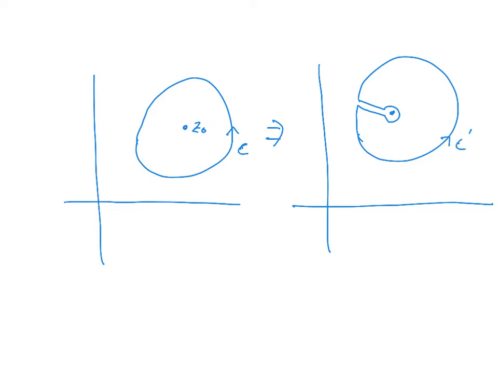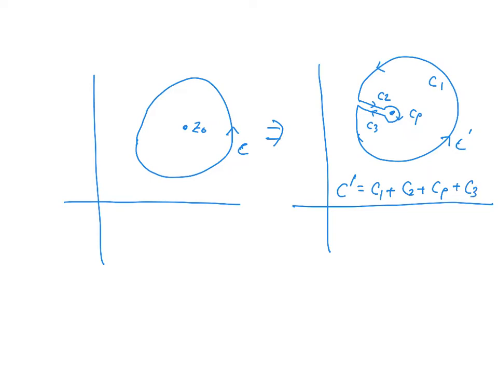C prime is equal to C1, C2, C rho, C3. So C prime consists of C1 plus C2 plus C rho plus C3.